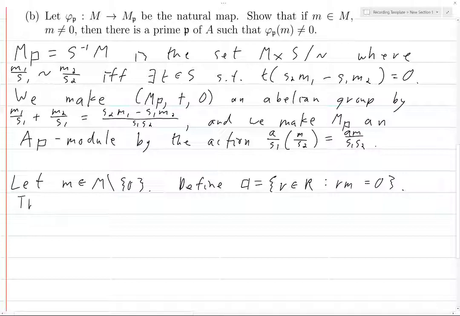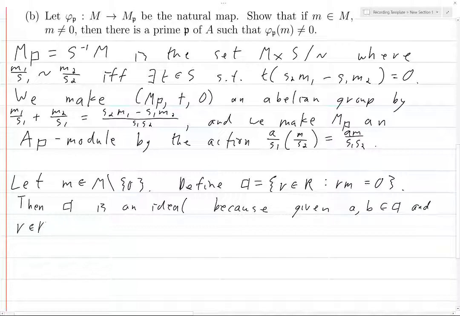So anyways, what do we know about A? A is an ideal because, given a and b in this ideal, and any r in R, am and bm are both 0 because they're elements of the annihilator. And so this implies that (a plus b)m is, well, you just distribute it by how module actions work.